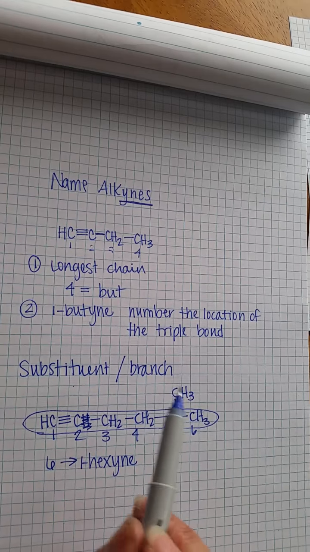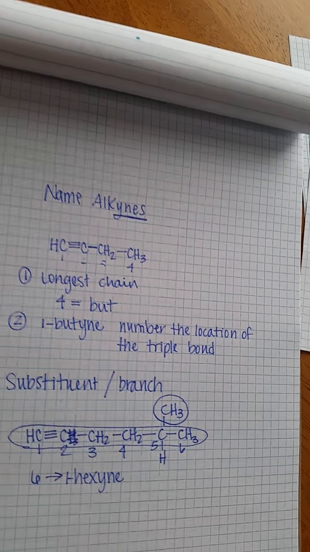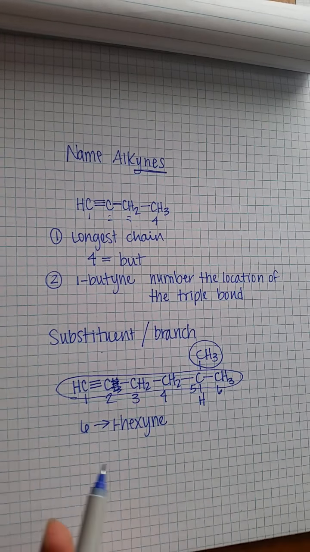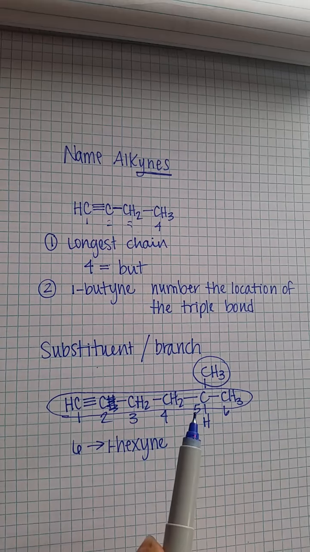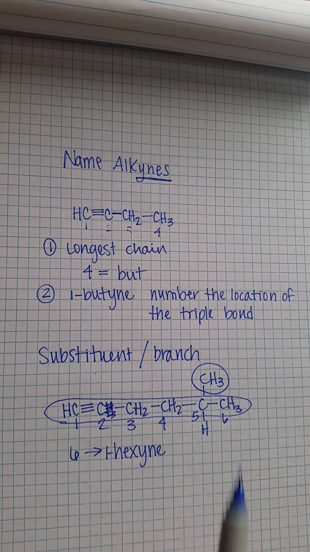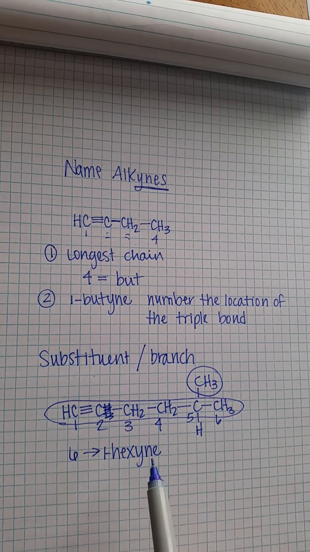But notice, oh, we've got this substituent up here. And so just going back to our substituent rules, we know that we need to give a location and a name for the substituent. And we're going to put it in front of 1-hexyne.